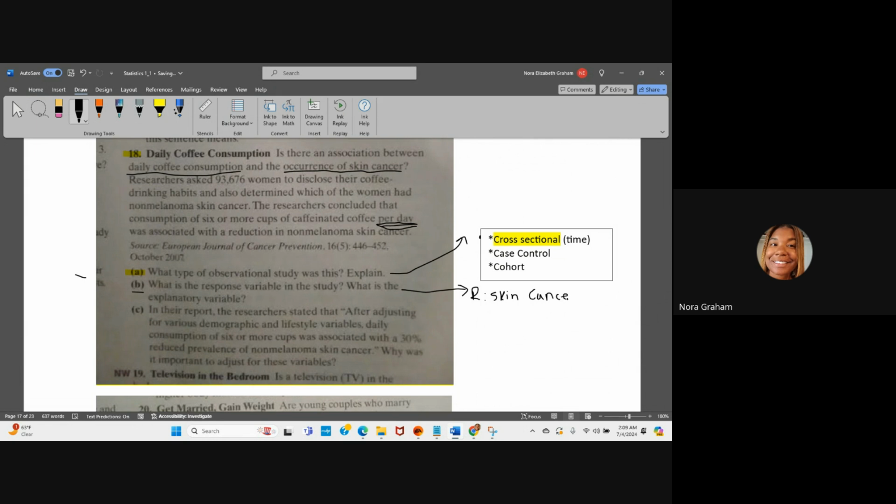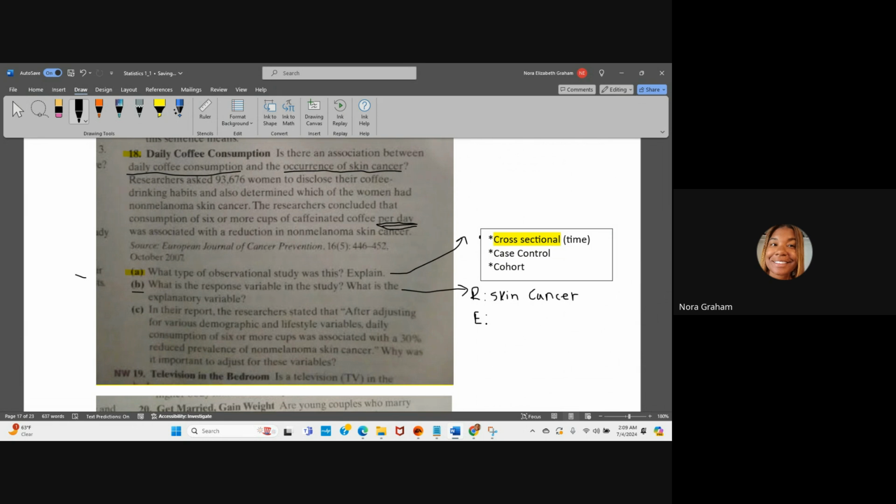Okay. So that's your response variable. And the explanatory variable is why the skin cancer happened.